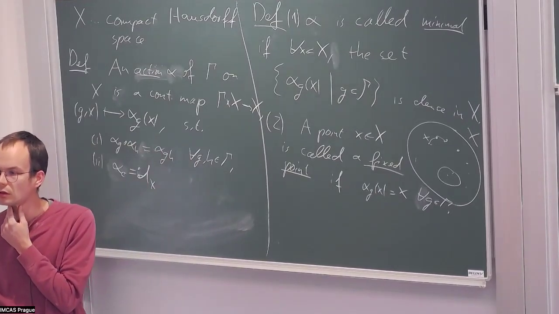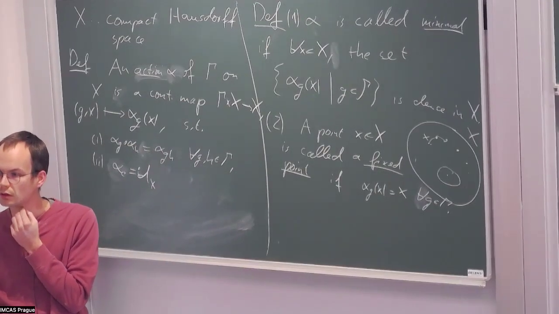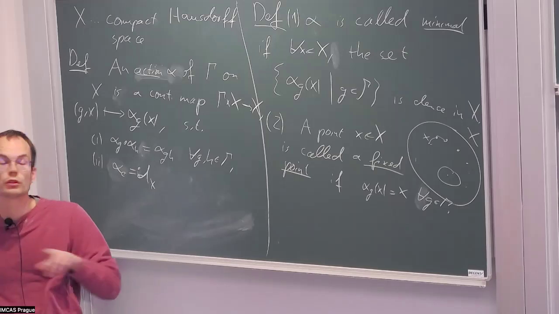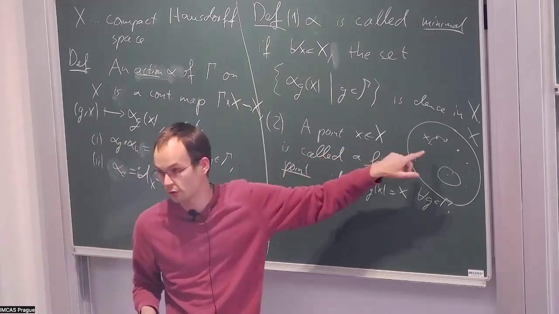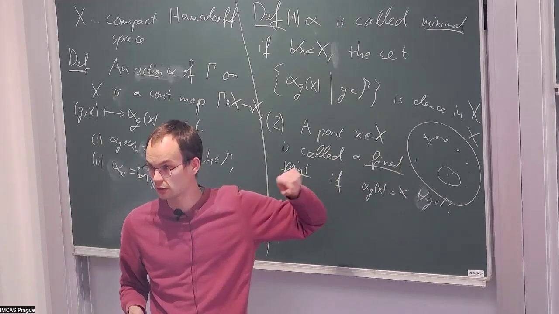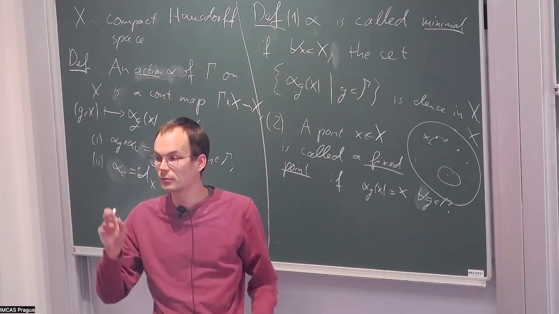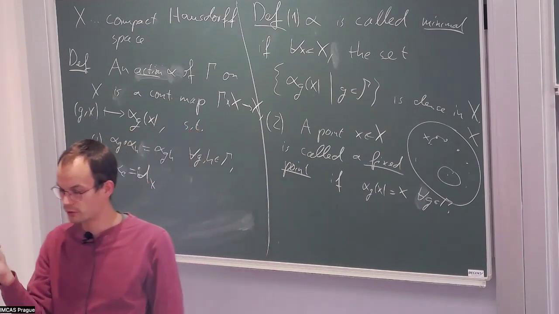The requirement of being minimal, it's not saying that it's transitive, right? It's requiring slightly less. Right. So transitive means that there exists a point whose orbit is dense, but for one particular point.